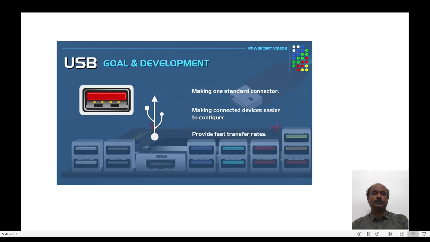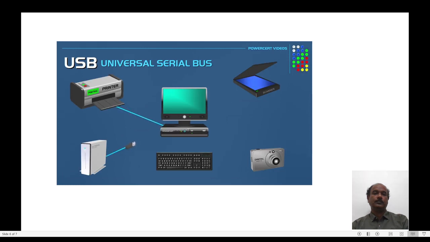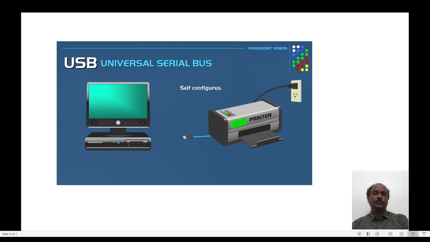And third, to provide fast transfer rates. The USB port is also hot swappable, so devices can be connected or disconnected without turning off the computer or the device. The USB also self-configures itself, which eliminates the need for any extensive configuration or no configuration at all.